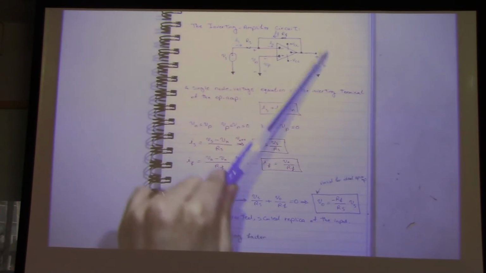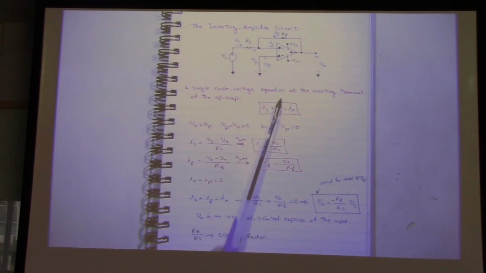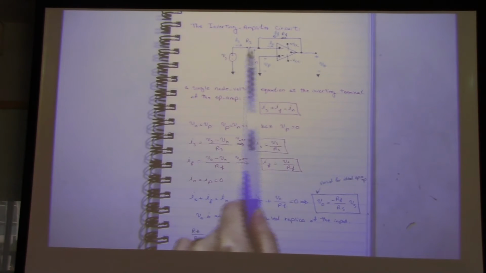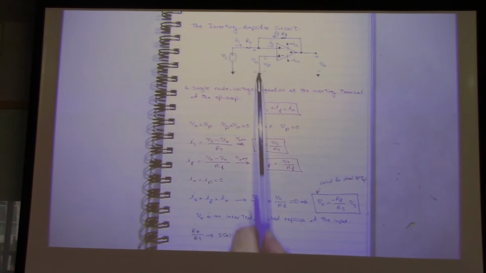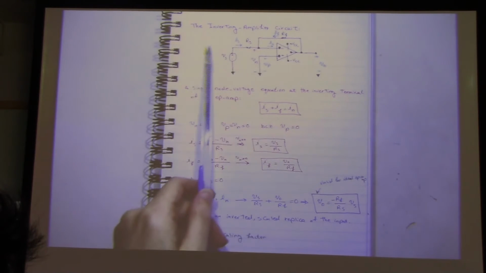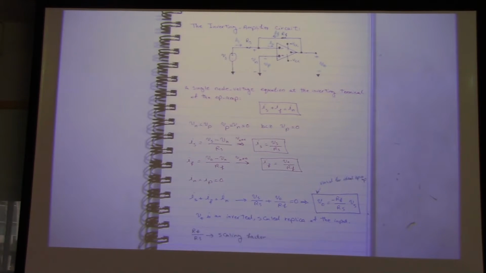When we talk about the inverting amplifier, you see this part is connected to power supply, but the positive is not connected to any power supply. So we can say this is kind of inverting amplifier circuit. So how do we prove it?